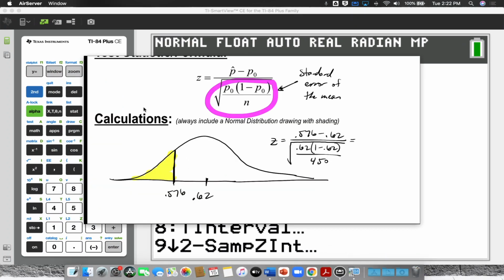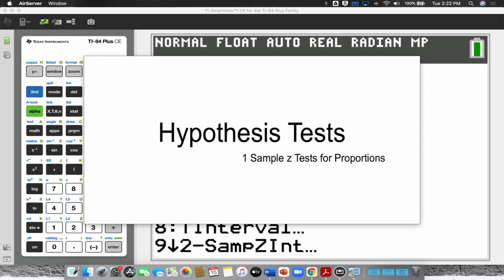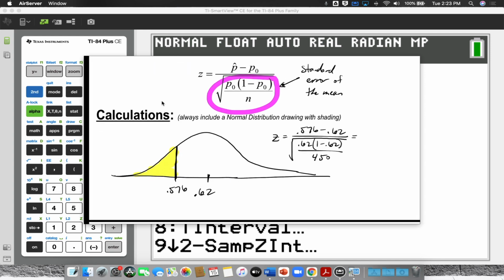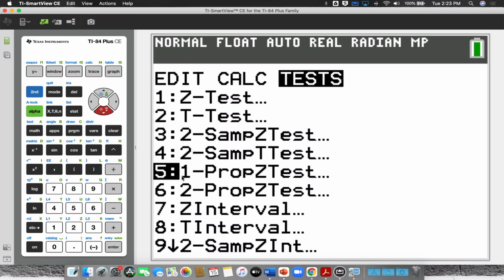How do you know? Look at the first page. Z-tests, 1 sample z-test proportions. Right there, word for word. That's the one we want for this specific question. Okay, so number 5, hit enter.